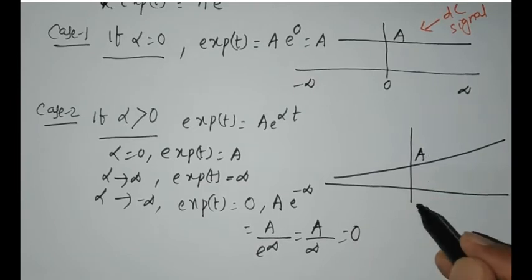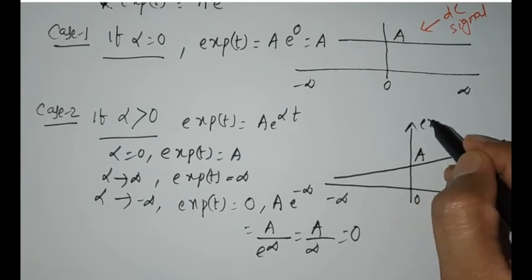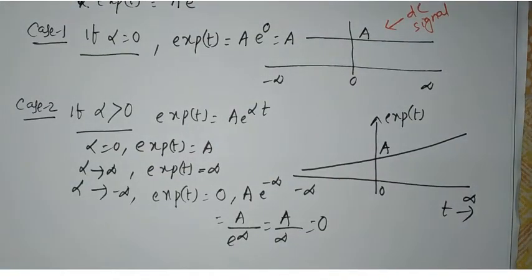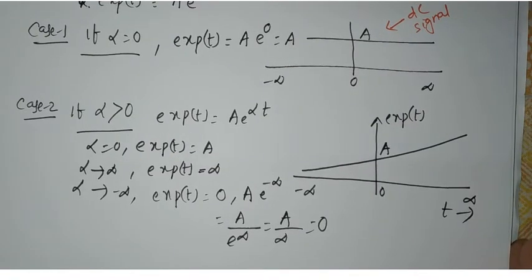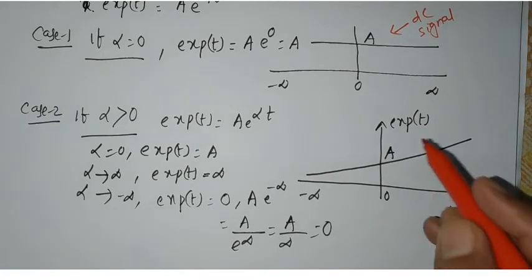Okay, this is 0, this is infinity, this is minus infinity, this is exp t. Now clear? Because at t equals 0, it is a.